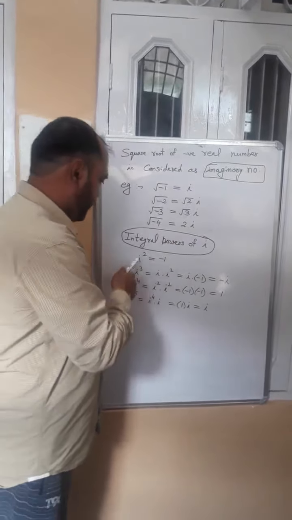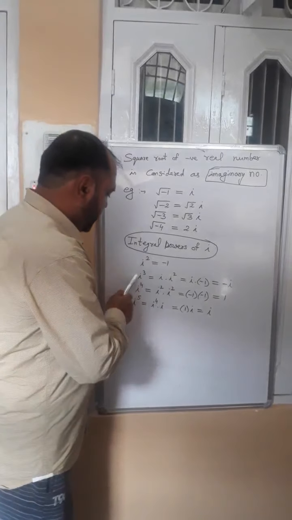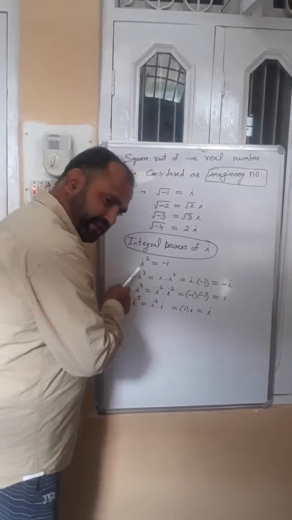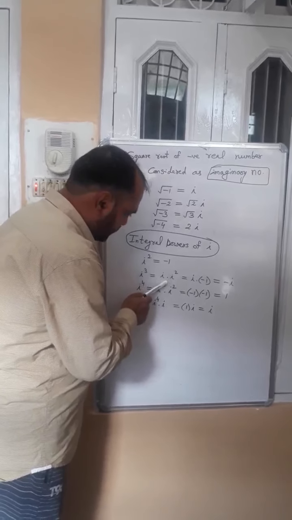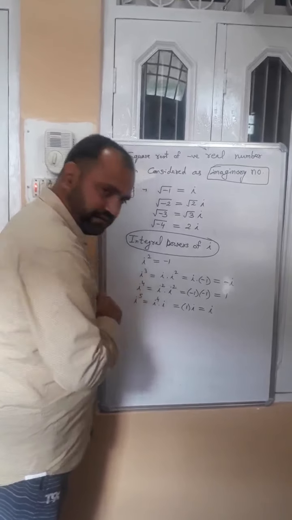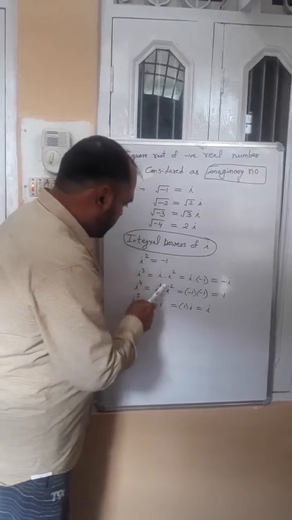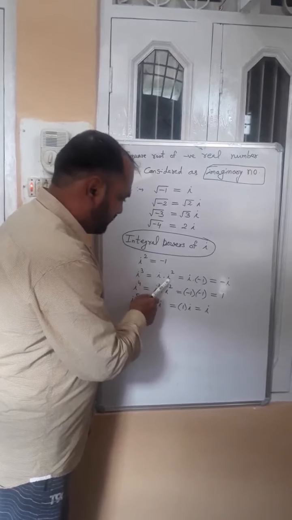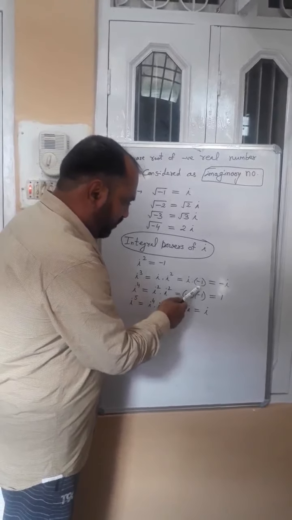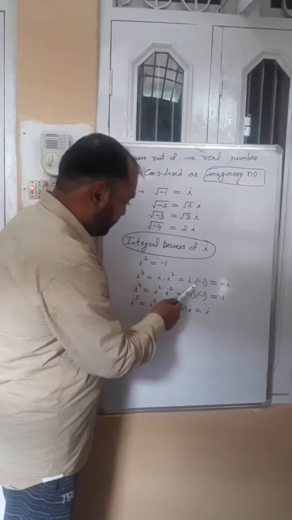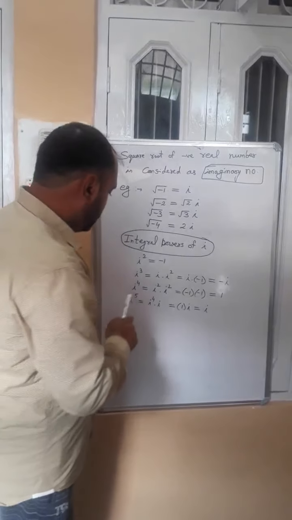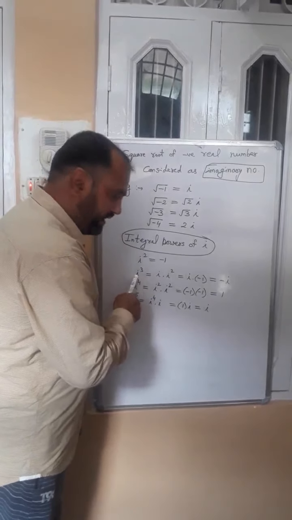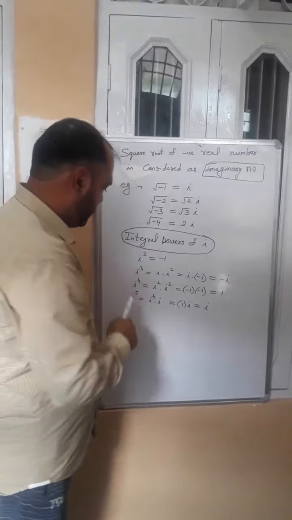And iota raised to the power 3 is equal to iota into iota square, which is iota into minus 1, because the value of iota square is minus 1. So iota power 3 is equal to minus iota.